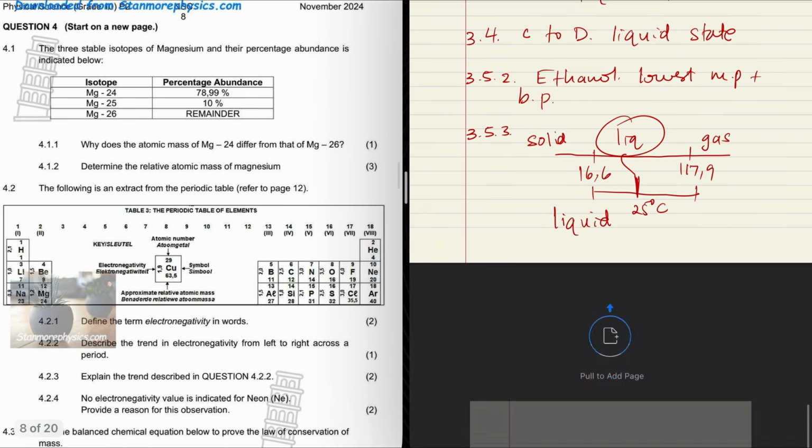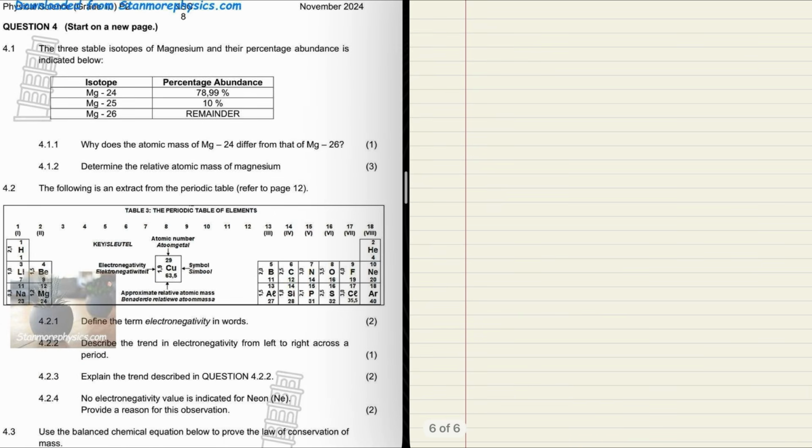Let's take a look at question number 4. The 3 stable isotopes of magnesium and their percentage abundance are indicated below. So we've got 24, 25, and 26. 4.1.1, why does the atomic mass of Mg24 differ from that of Mg26?